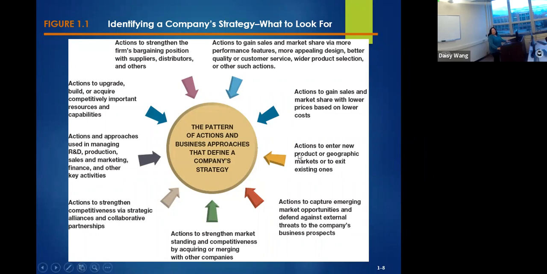This will happen in the BSG game because we will all start with 4 markets, right? North America, Europe, Africa, Latin America, and Asia Pacific. And I wouldn't recommend you exit any of those markets. So this you won't be able to see, but for different companies, you might be able to see that.